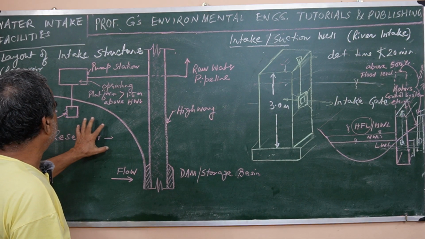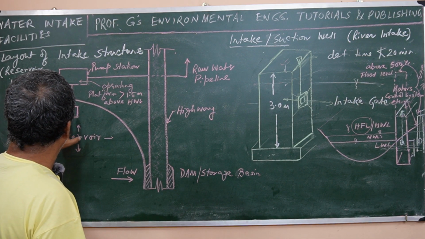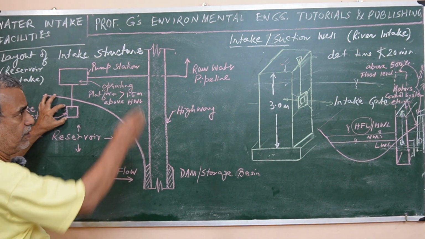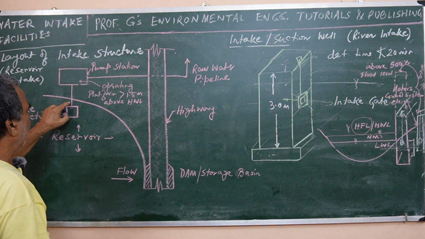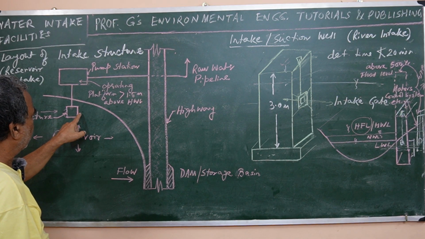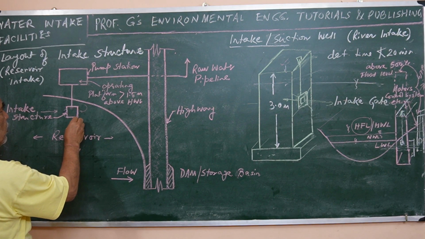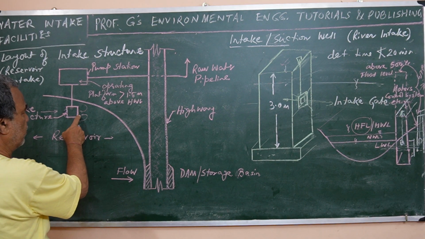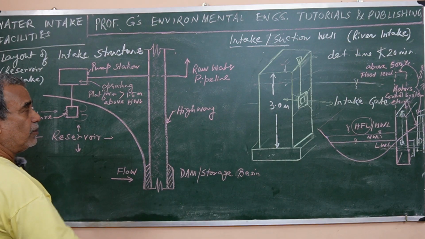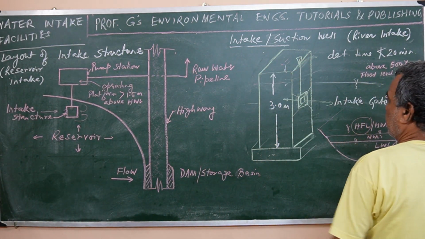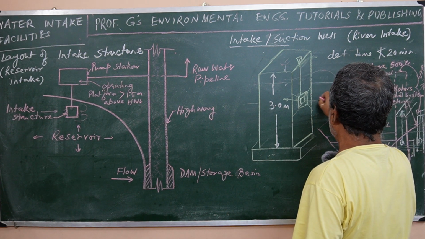For a reservoir like that, this face is normally avoided. The preferred face is the downstream one, because here the water velocity will be relatively lesser. So this face is first to be used or tapped. This is the downstream face, so water will come this way.